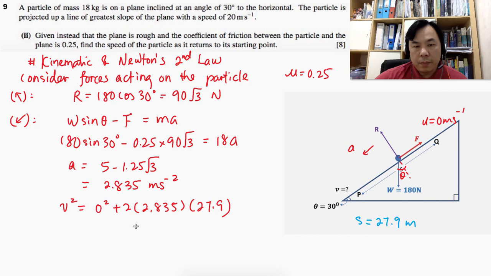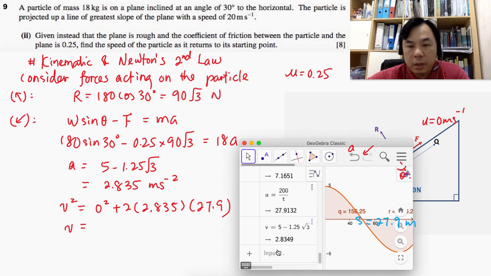We take the square root directly, so we don't have to go through the hassle of figuring out u.